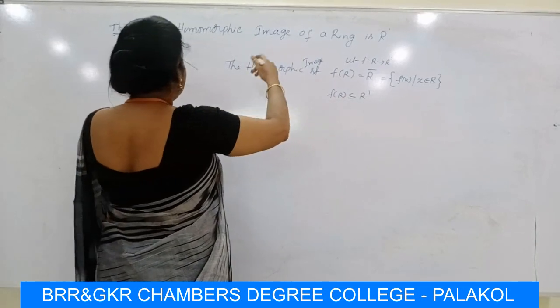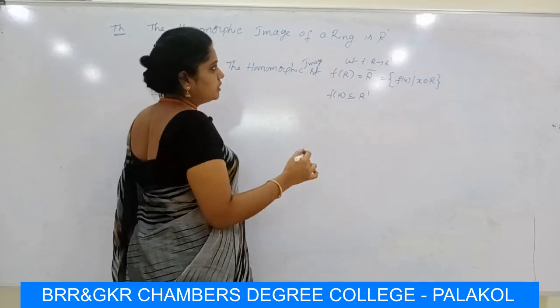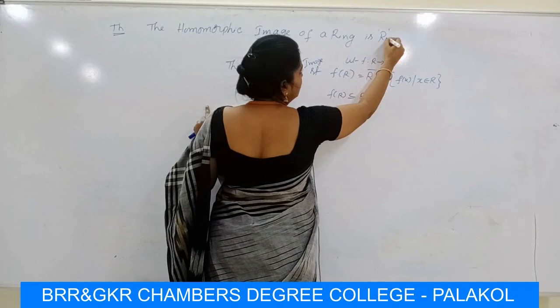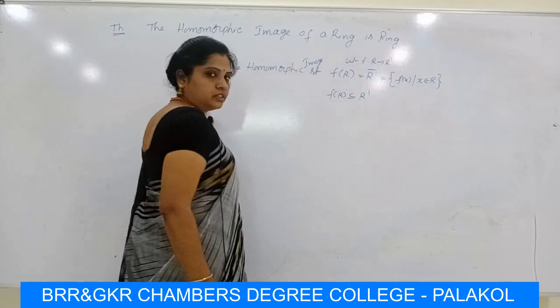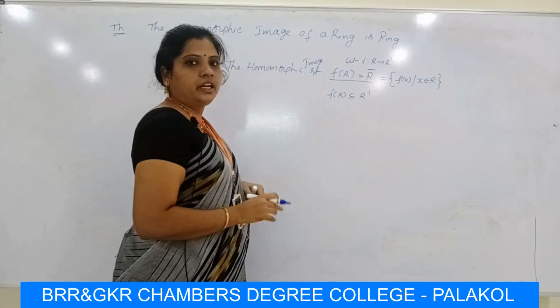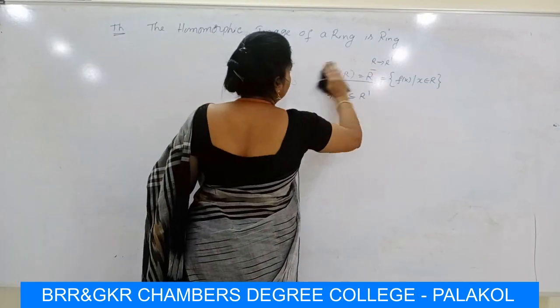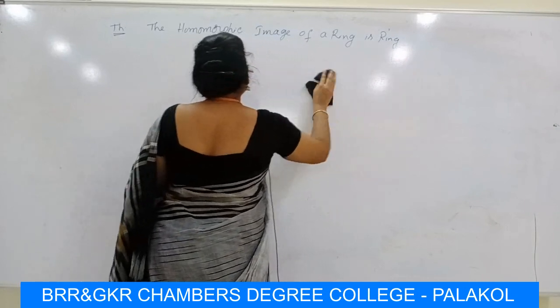Here the statement of this theorem is: the homomorphic image of a ring is a ring. So R bar is a ring. So we have to prove R bar is a ring.